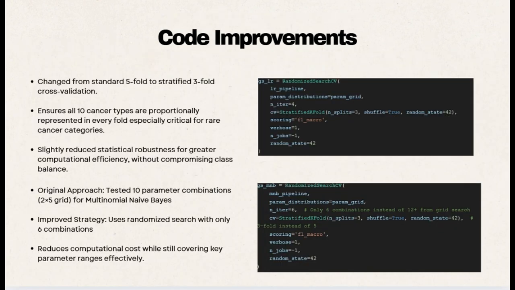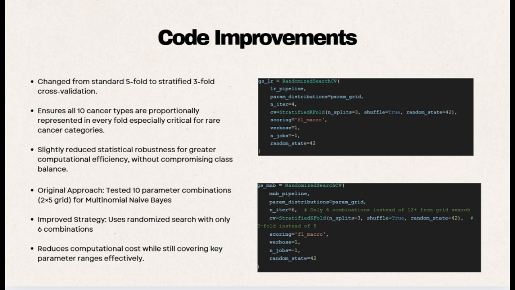We also changed from the standard 5-fold to a stratified 3-fold cross-validation. This ensures that all 10 cancer types are proportionally represented in every fold, especially critical for rare cancer categories. This slightly reduces statistical robustness for greater computational efficiency, but it doesn't compromise class balance.